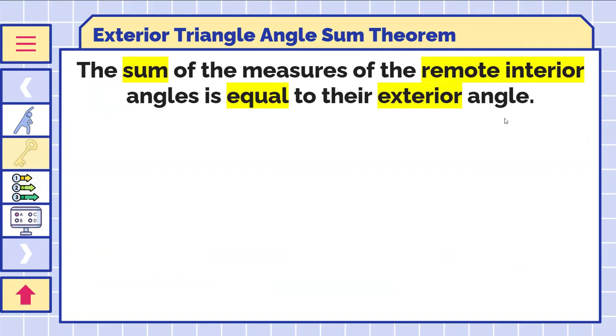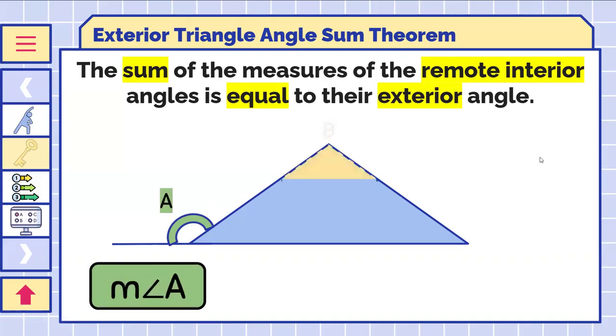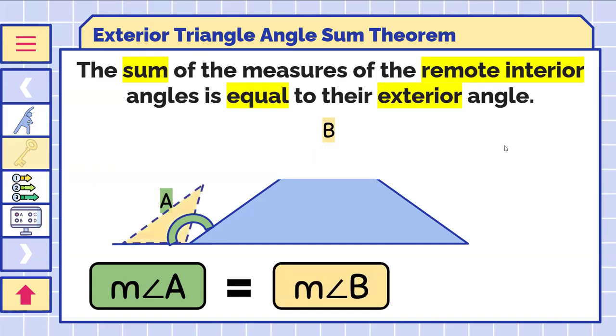So if we were trying to find angle X all along, instead of doing all of that extra math, we could have just added our remote interior angles together. So we have a triangle here. It has an exterior angle, A, and then it has remote interior angle, B, which fits into A. And then if we take the other remote interior angle, C, and move it over there, guess what?